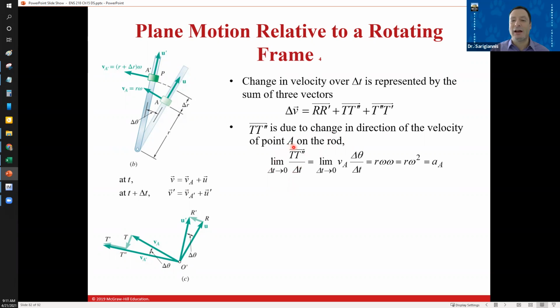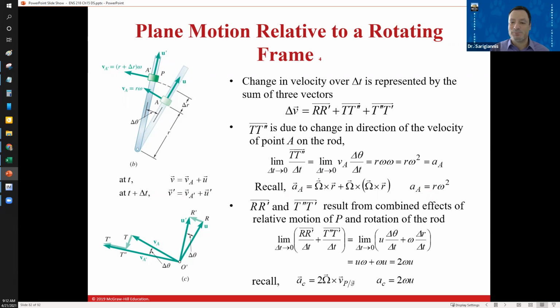So you can now take the limit as time gets small, right? So this thing goes to 0. So theta goes to 0, but also delta T is going to 0. You wind up with a limit equation, which brings us to the acceleration of A is R omega squared, which is what we got in the last analysis, right? And this is just the formula we used before. So we get the same thing. This is just showing physically what's going on.